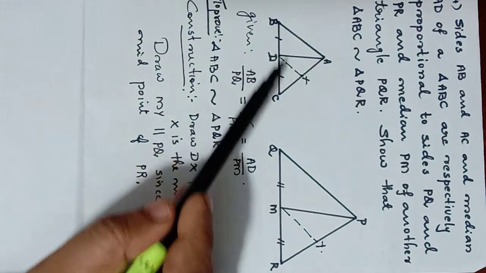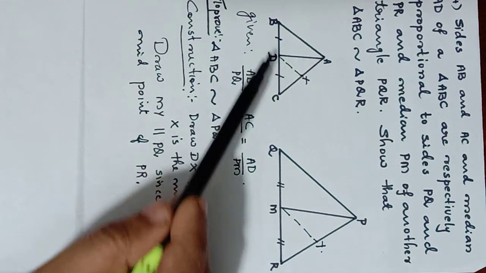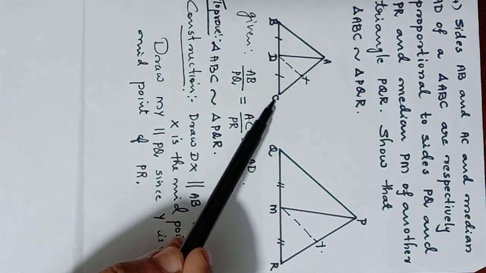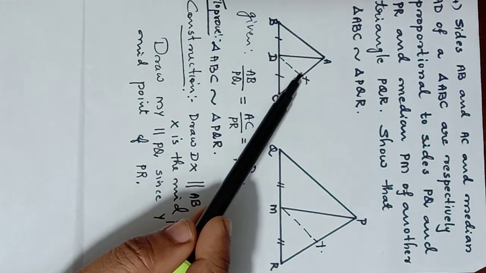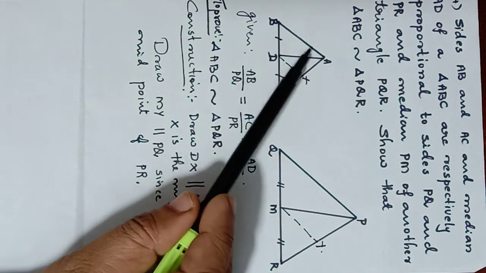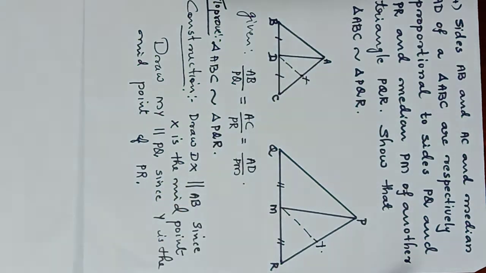Here we are considering triangle ABC. D is the midpoint of BC. X is the midpoint of AC. So in a triangle, if midpoints are joined like this, then DX will be parallel to AB and also will be half of AB.